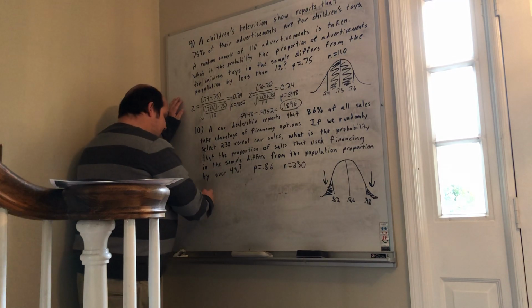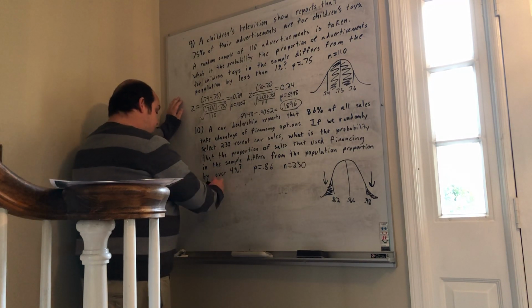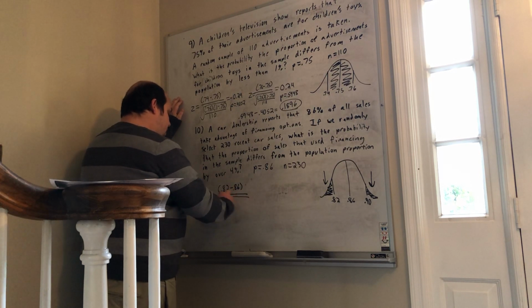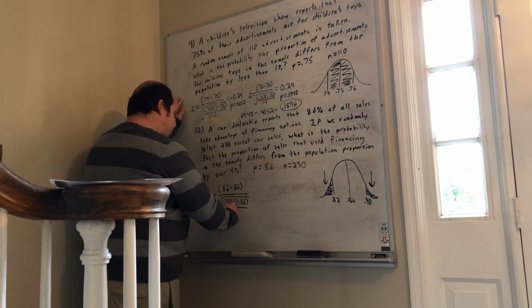So I'm going to set up my z-score for the left side here based on 0.82 minus 0.86. It's going to be over the root of 0.86 times 1 minus 0.86 divided by that n of 230.